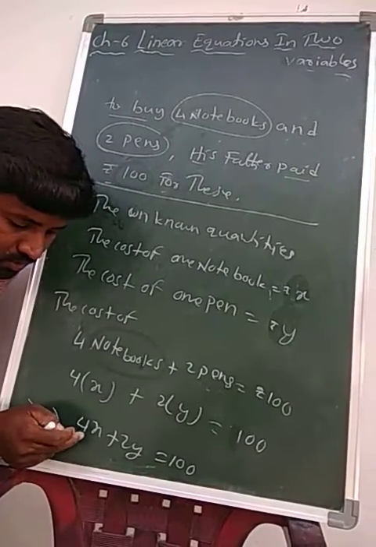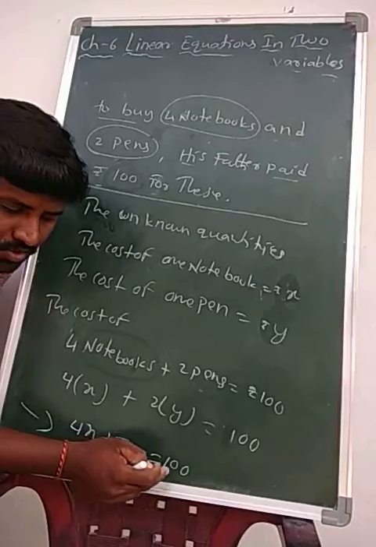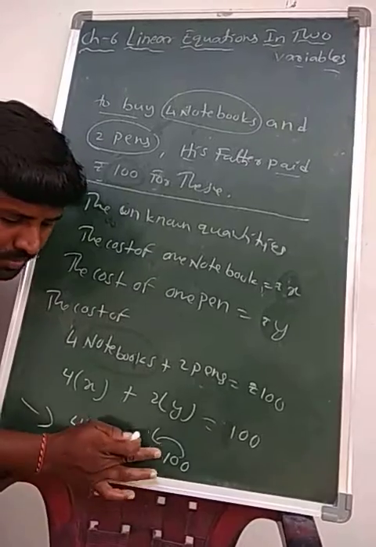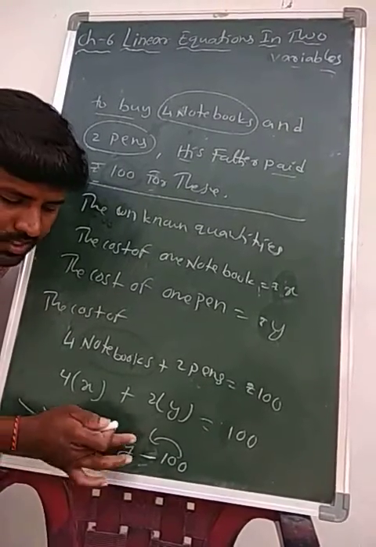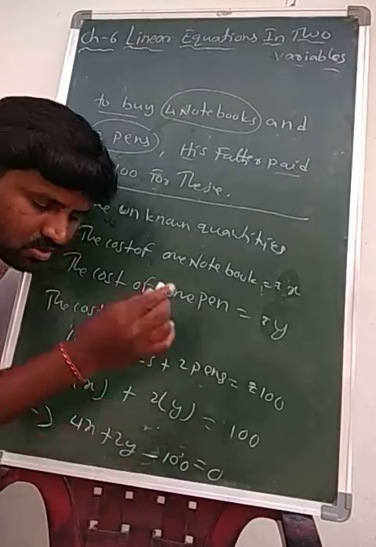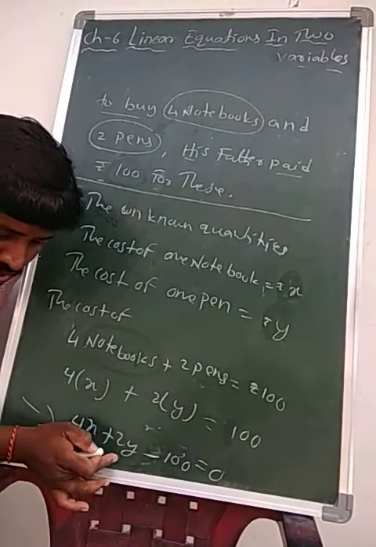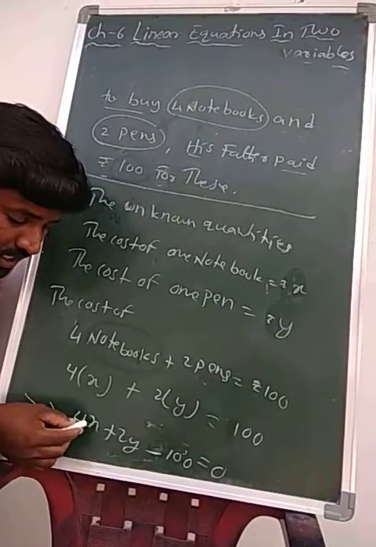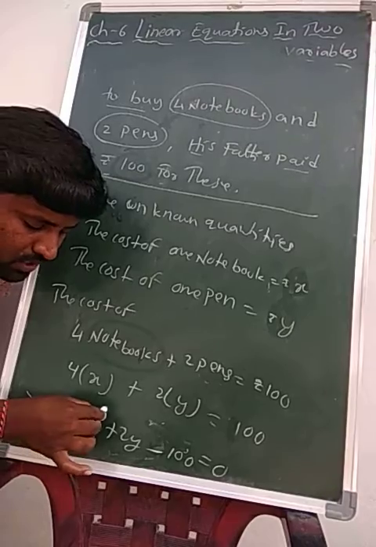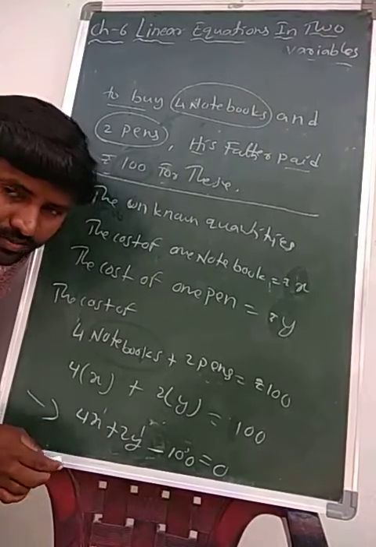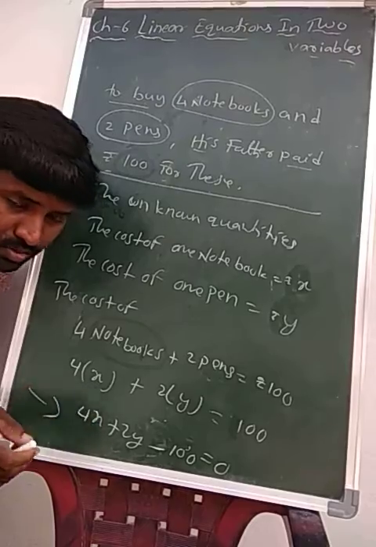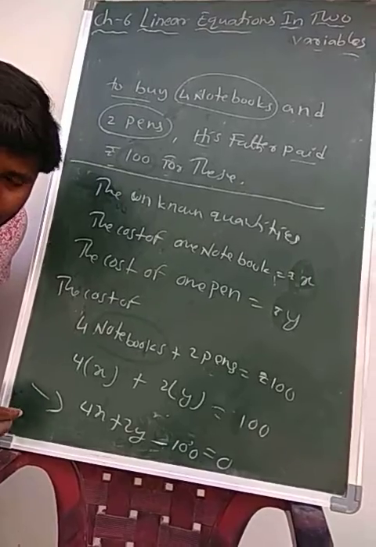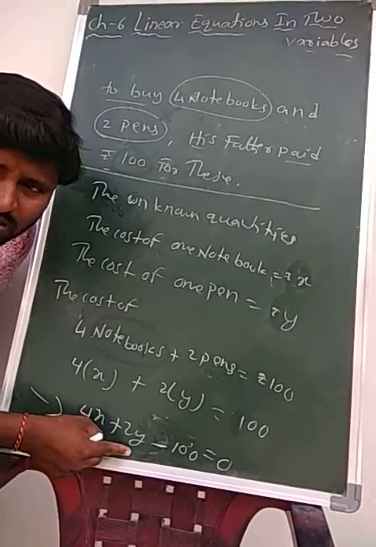If we transpose 100 to the LHS, it becomes minus 100, so 4x plus 2y minus 100 is equal to 0. What is the degree of the variables here? 1. The highest degree is 1 only, so this is a linear equation with two variables, x and y.